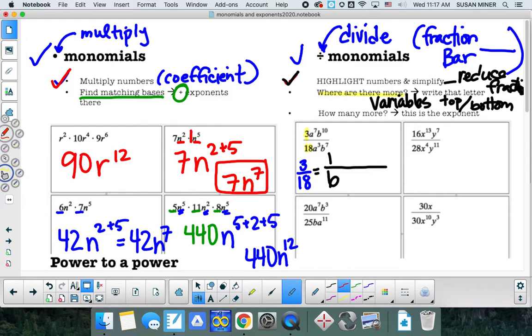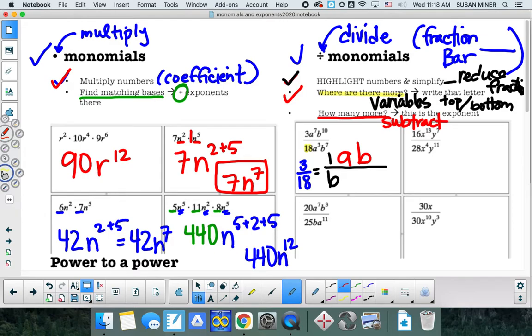So since there were more A's on top, my A is going to end up in the numerator. Since there are more B's on top, my B's are going to end up in the numerator. Then the last thing I do is I ask myself, how many more are in the numerator than the denominator, right? And subtract.